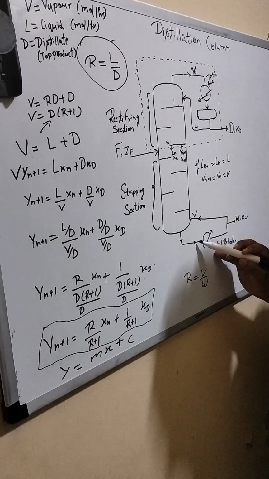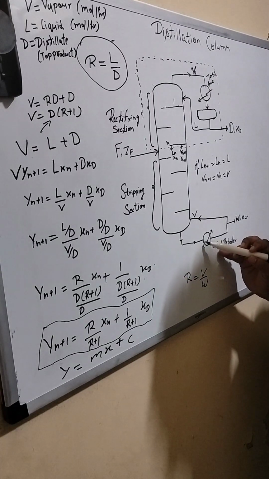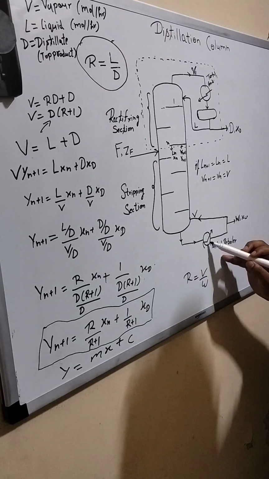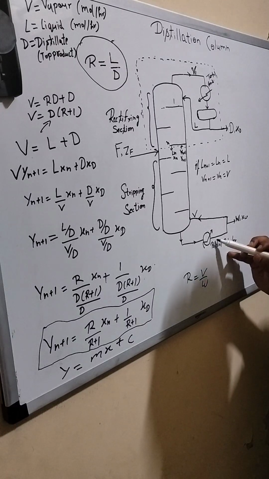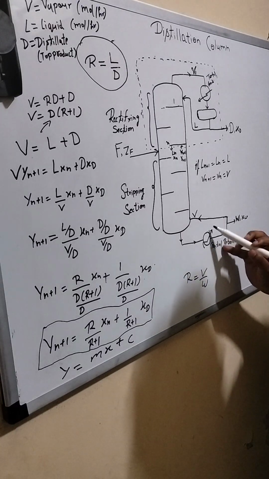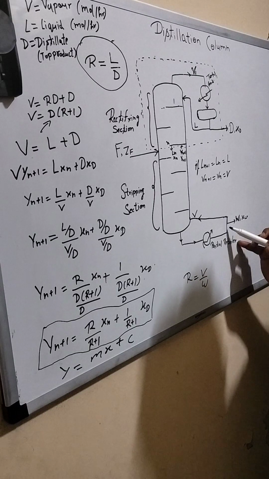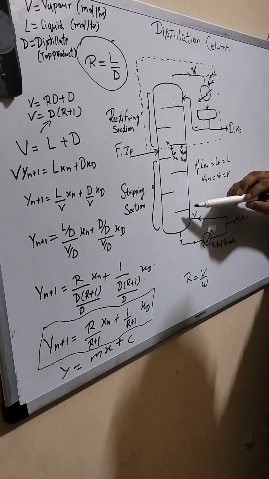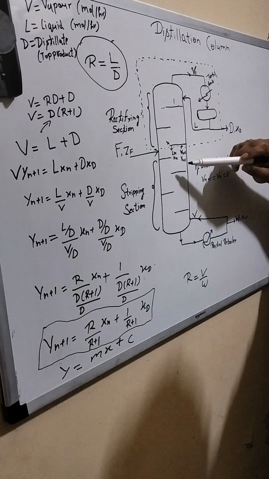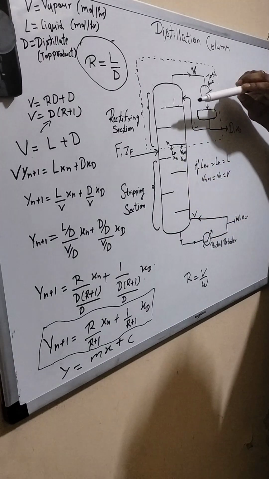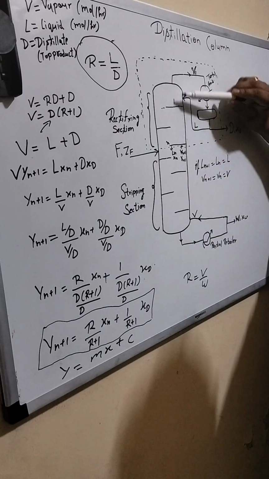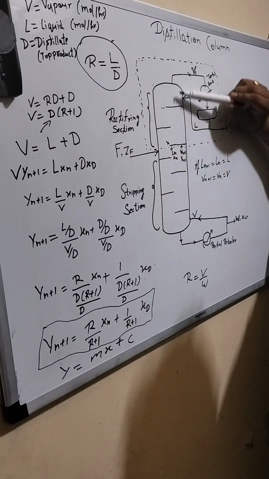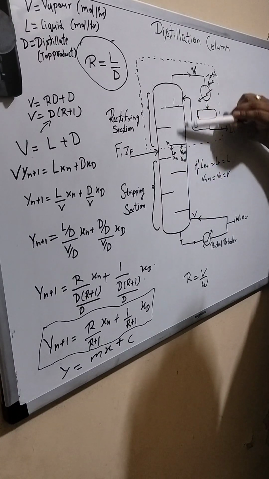When the mixture comes in indirect contact with the partial reboiler, a portion of the mixture will get vaporized. After some time, you will see in the top section of the column there is a lot more of the volatile component.